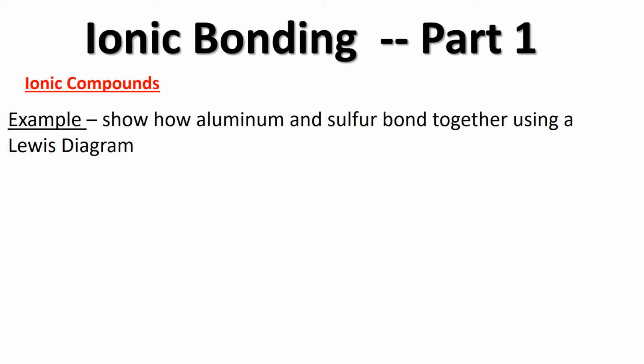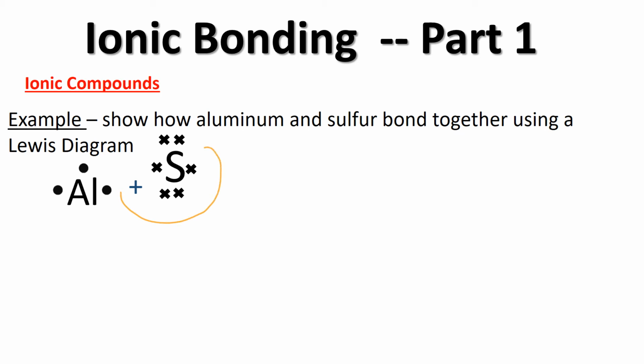Let's look at essentially the hardest one we're going to come across here, which is what happens when we put aluminum and sulfur together. All right, so aluminum, group 3, 3 valence electrons, plus sulfur, which is in group 6 and has 6 valence electrons. So they're not necessarily a great match.